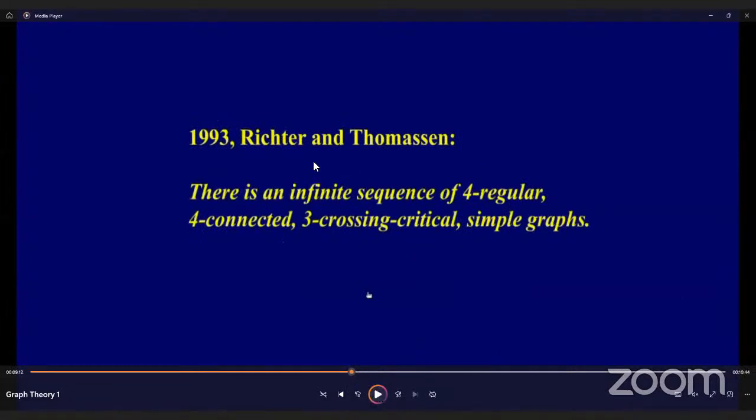Now, Richter and Thomason proved that there is an infinite sequence of 4-regular graphs. What is regular? I'm going to post another video later.